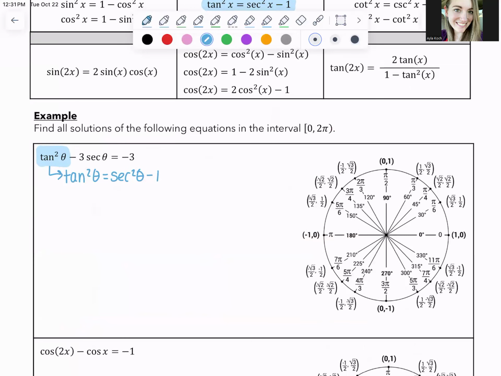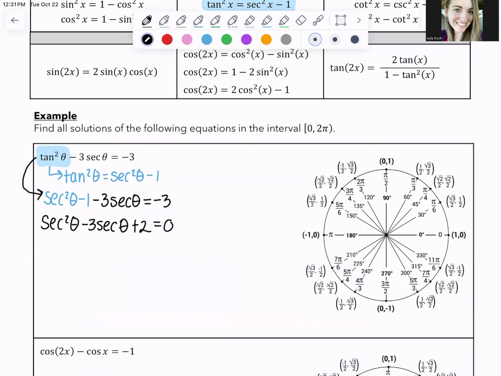So I'm going to rewrite this equation as secant squared theta minus 1 instead of tangent, minus 3 secant theta, that was from the original equation, equals -3. I'm going to add 3 to both sides and rearrange it so it looks like a quadratic. So we have secant squared theta minus 3 secant theta plus 2 equals 0.